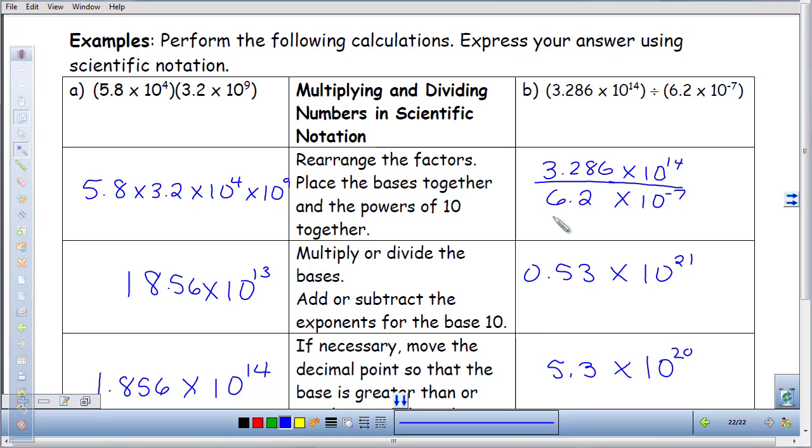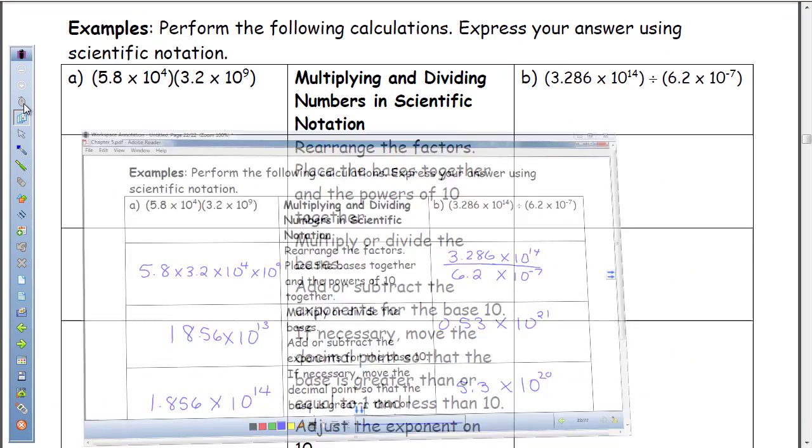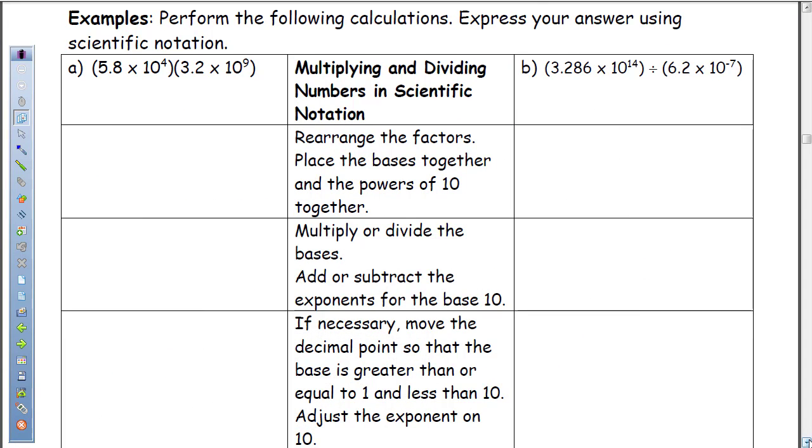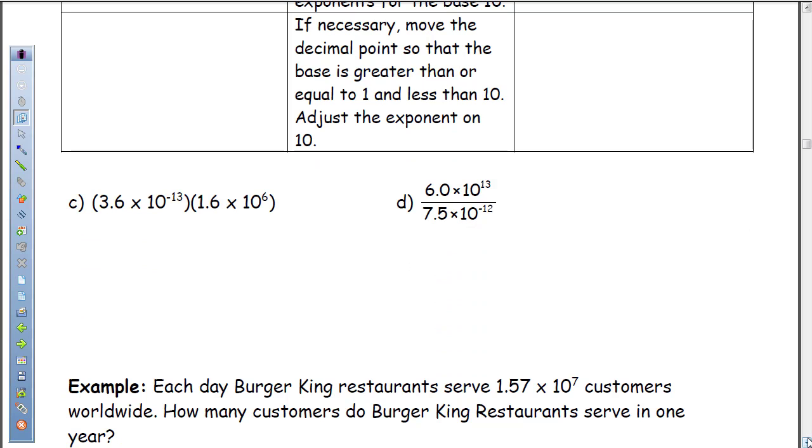Then the base would have come out to be between 1 and 10. So it's not just because we did division that we subtracted. You have to look at whatever you come up with every time and figure it out. Okay. All right, very good. Okay, I'm going to let you try those two on your own.